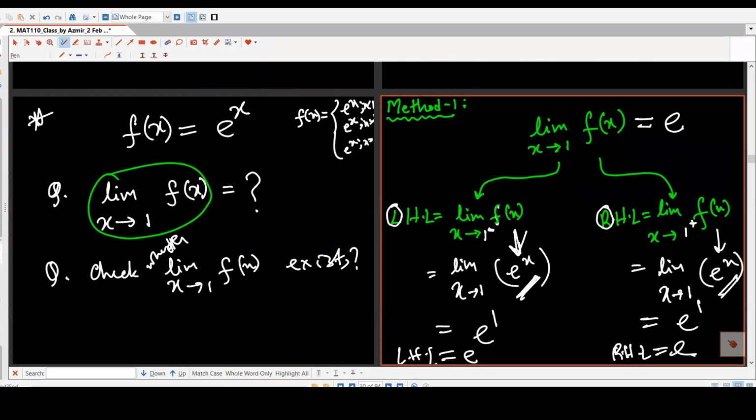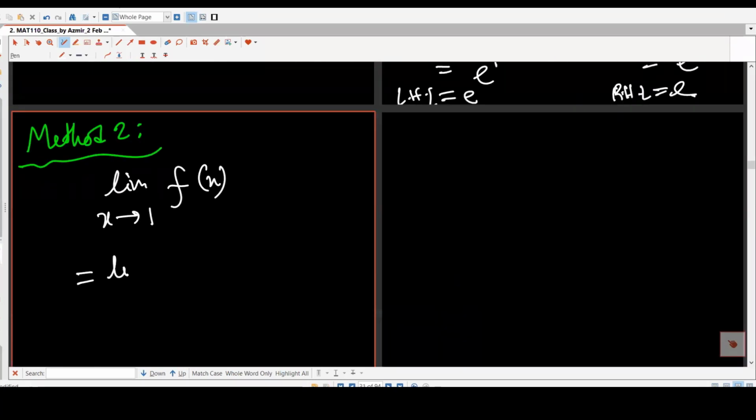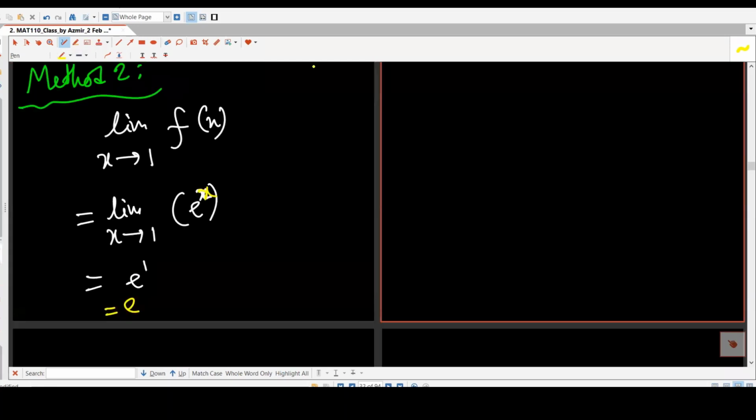Since we have a single function only, it will be just e to the x. Now we can input the limit, e to the 1, where we have x, we are plugging in 1, so it is just e. So we are getting the main answer.